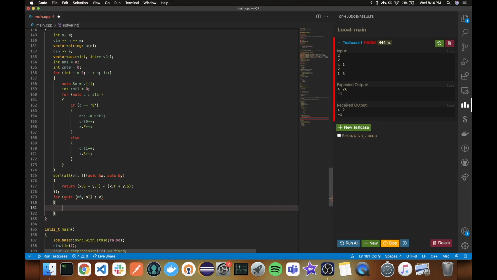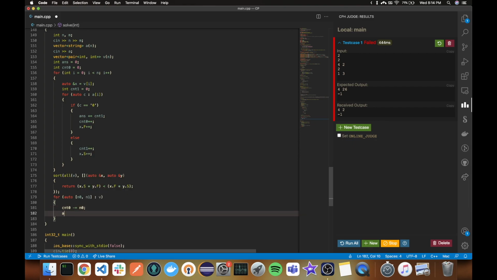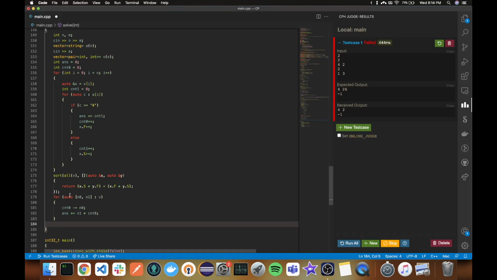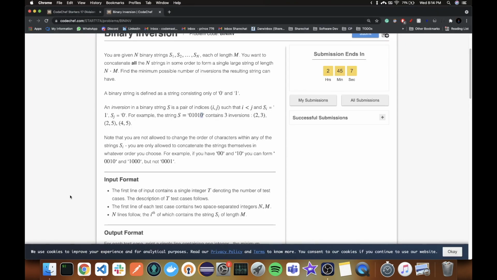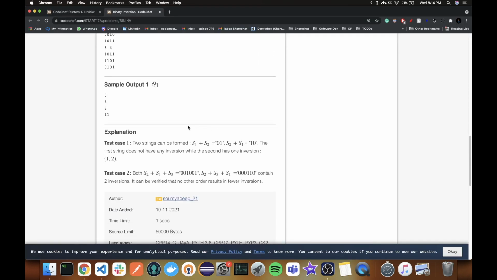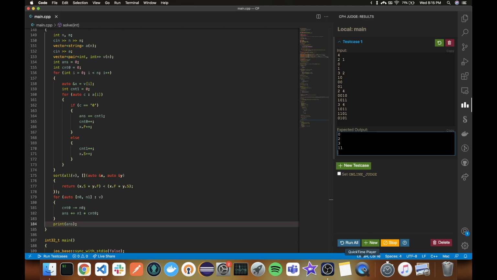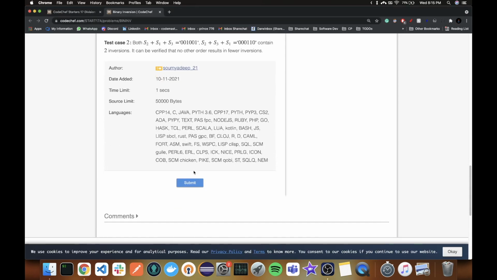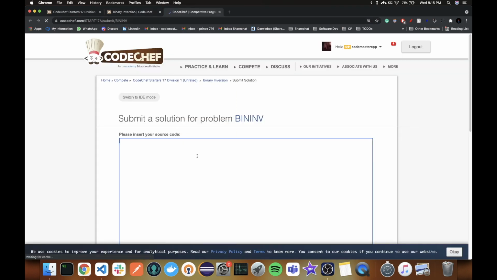Reduce n0 from count 0, and then add to the answer n1 times count 0. Just calculating the answer, and then I can just print the answer, I think. Okay, seems to be working.